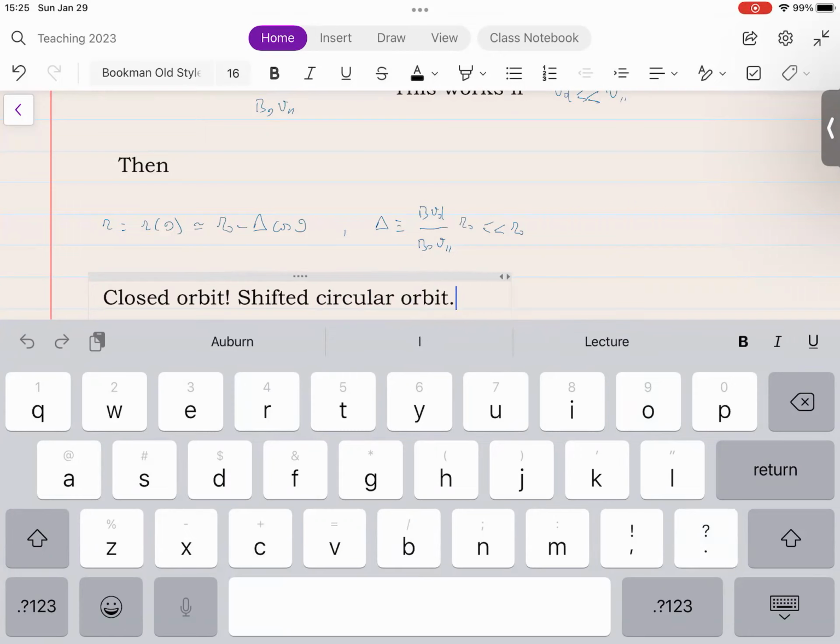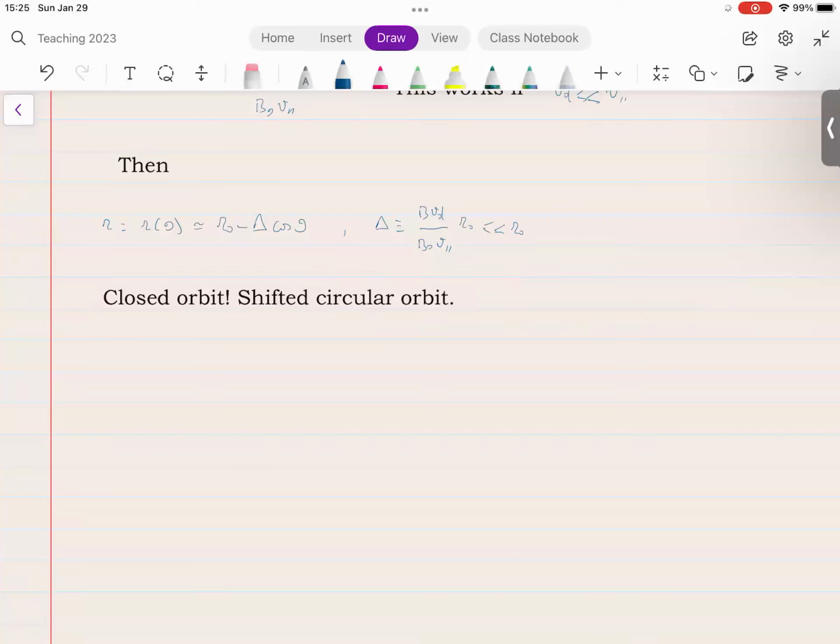Now, does this solve all our problems? Well, we may still have some doubts about, okay, what is V drift and V parallel?